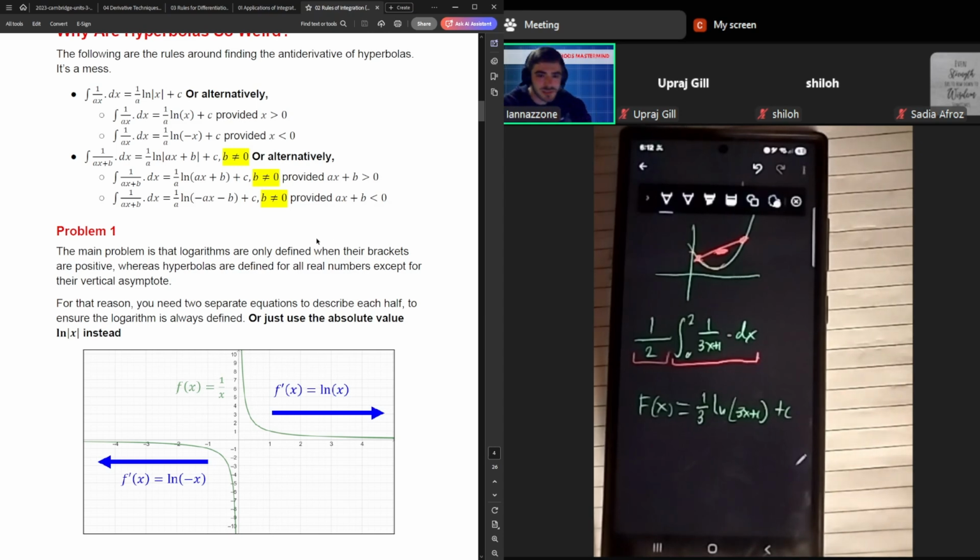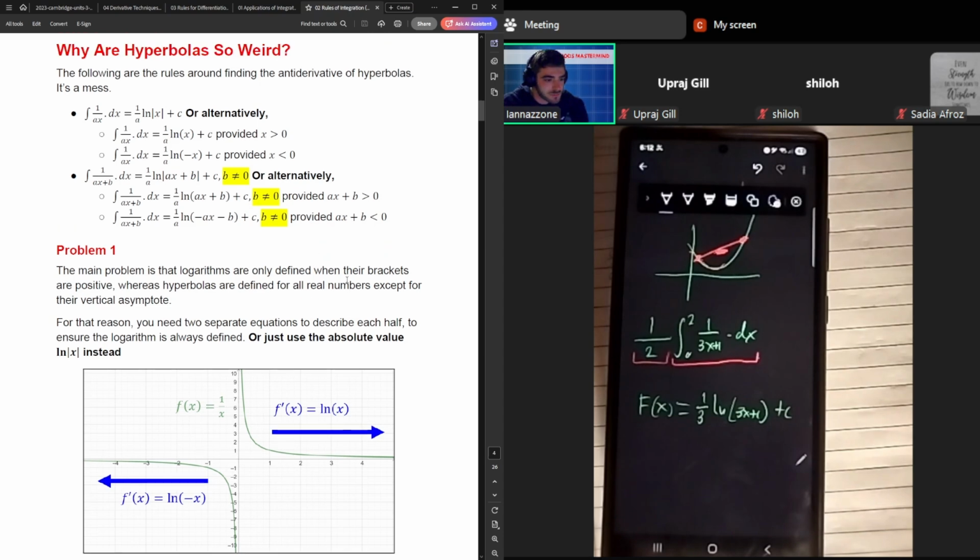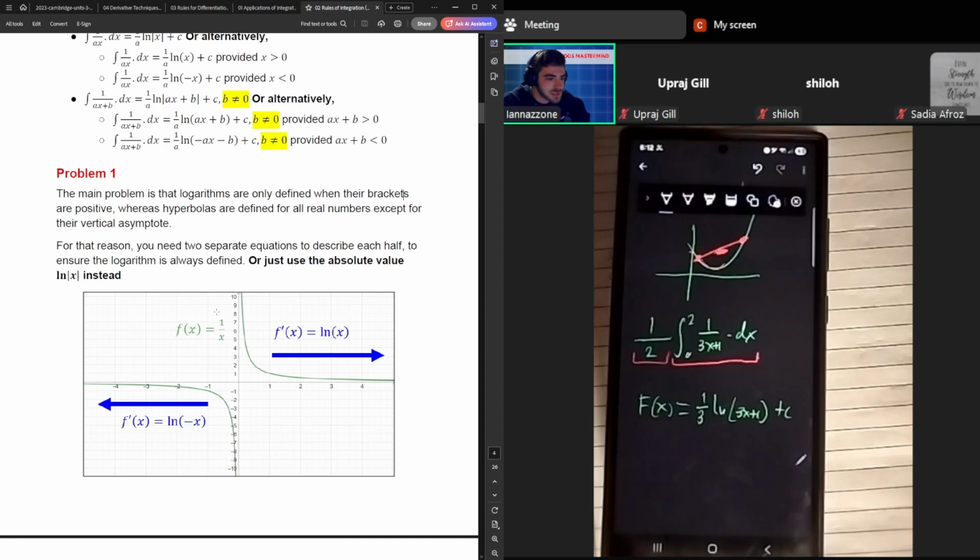One of the problems that comes up, if we look at the screen share, is when you're doing the antidiff of a hyperbola, it becomes a logarithm, but hyperbolas are defined for all real numbers, whereas logarithms are only defined for where the bracket is positive. So that's an issue, right? You only have one particular domain that can exist for that logarithm.